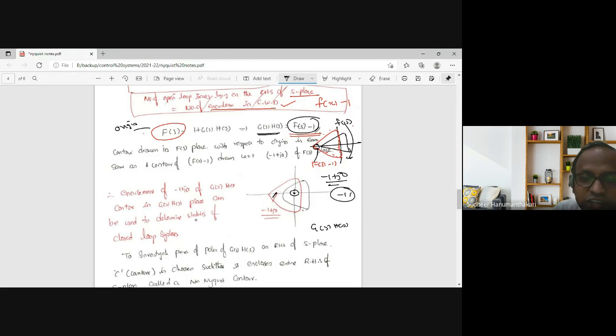So rather than checking the number of encirclements of the origin, I will check the number of encirclements of minus 1 plus j0. The number of encirclements of minus 1 plus j0 should be equal to the number of open loop poles lying on the right hand side of the S plane.